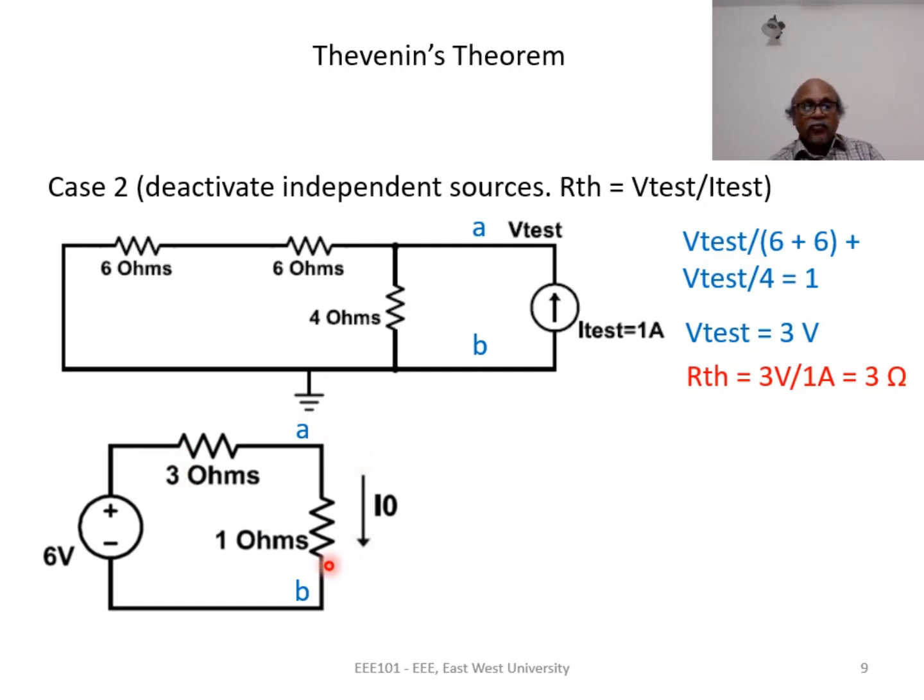These 3 ohms and 1 ohm are in series, so we can find out I0 by Ohm's law. I0 is 6 volts divided by 3 ohms and 1 ohm in series, so the resulting value of I0 is 1.5 ampere. So this example illustrates how to apply Thevenin's theorem to the solution of electrical circuits.